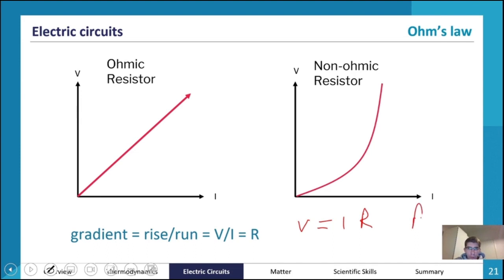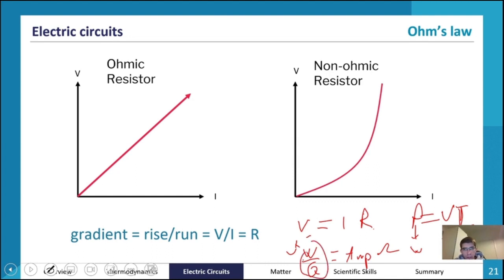Oh yeah, we also have this equation, P is equal to V multiplied by I. We said voltage is the amount of work done per coulomb, current is measured in amps, resistance is measured in ohms, power is measured in watts, voltage in volts, and current in amps again.